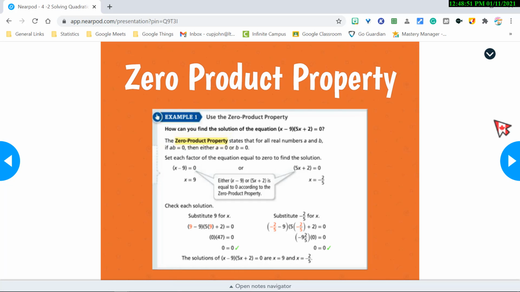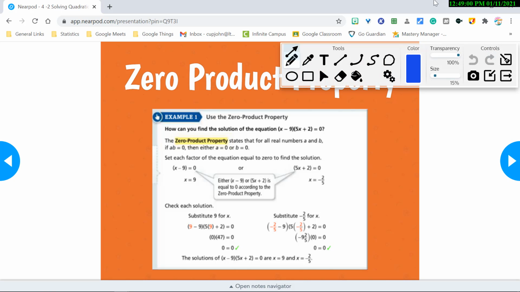Zero product property. This is important. So when you solve these equations, first, you set it equal to 0. Which it is. Second, you factor it.